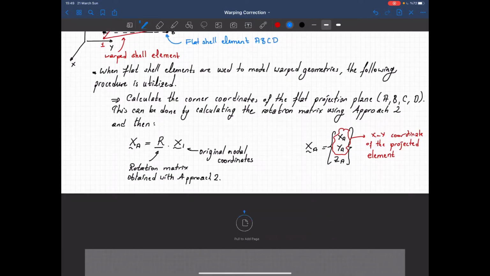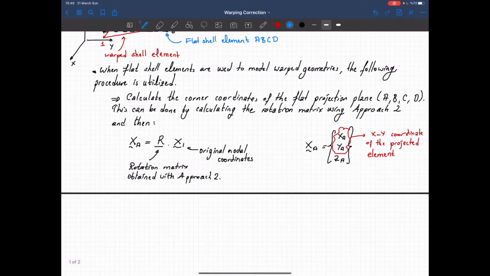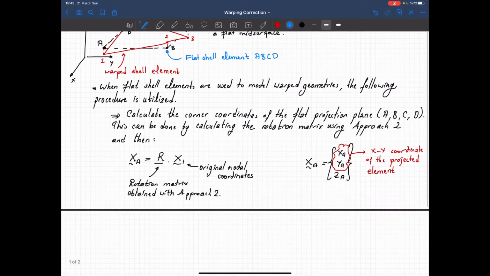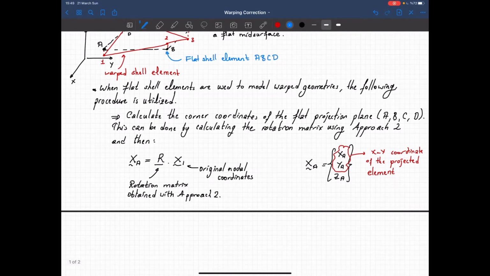But of course, when you do that, you will see that at every node you have a z value. It's not equal to 0, and at different nodes they are not equal to the same.